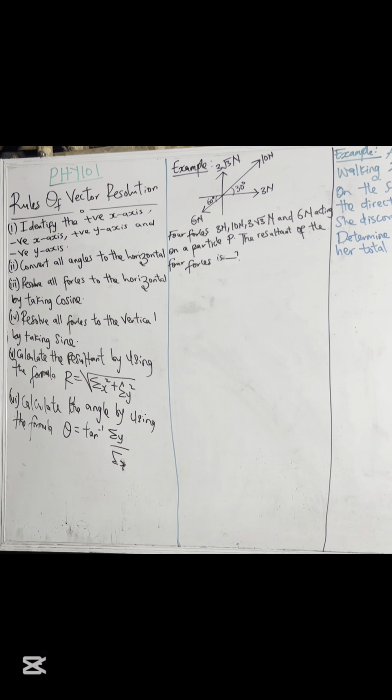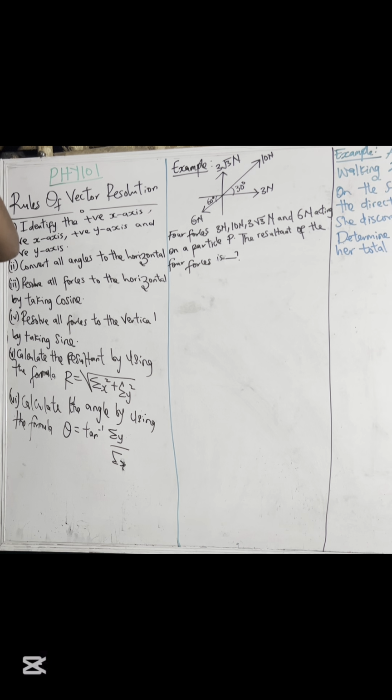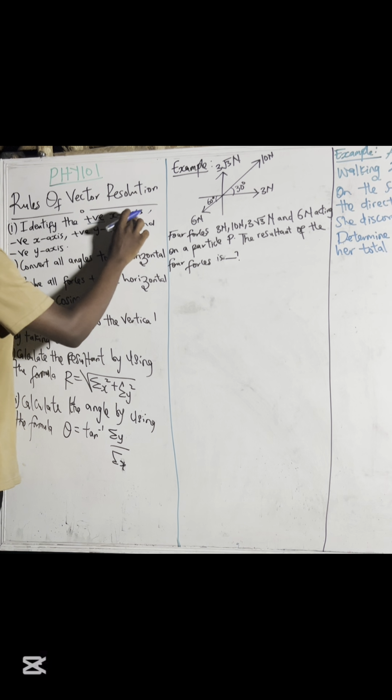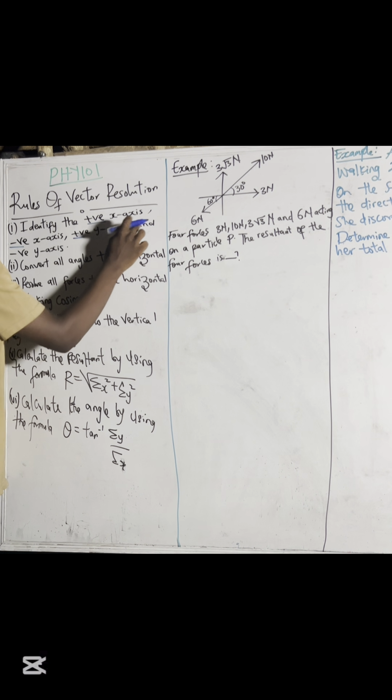So guys, there are rules that you have to take into consideration before you can do any question that involves vector resolution. These rules are to be at the back of your hand so that you will not forget easily. The first rule is that you have to identify the positive x-axis, negative x-axis, positive y-axis, and what?